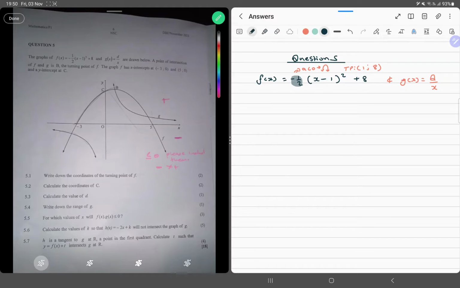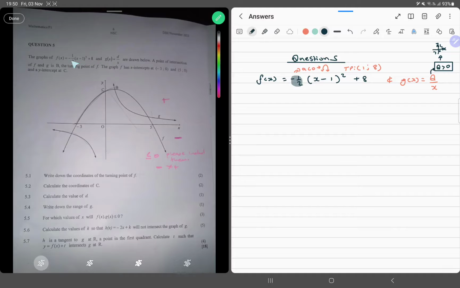This is suggesting that our d value, that d here, is a value greater than 0. Because when d is greater than 0, we know that our function is in this format, with the axis and the origin. So this is just a quick analysis you can do to move on.